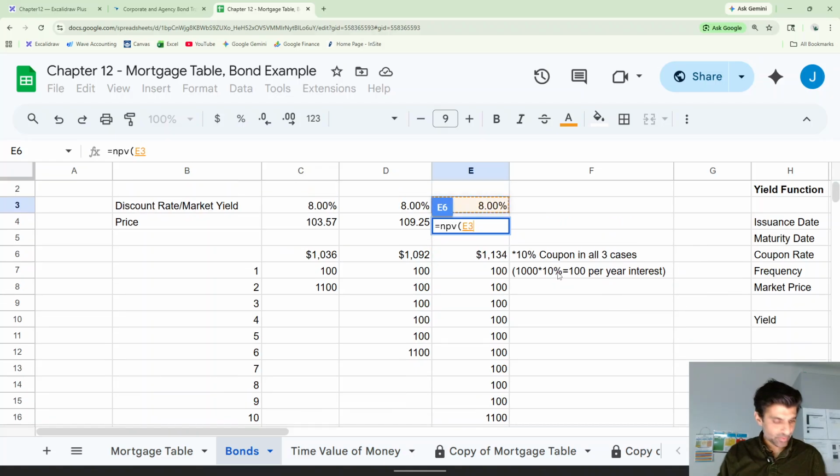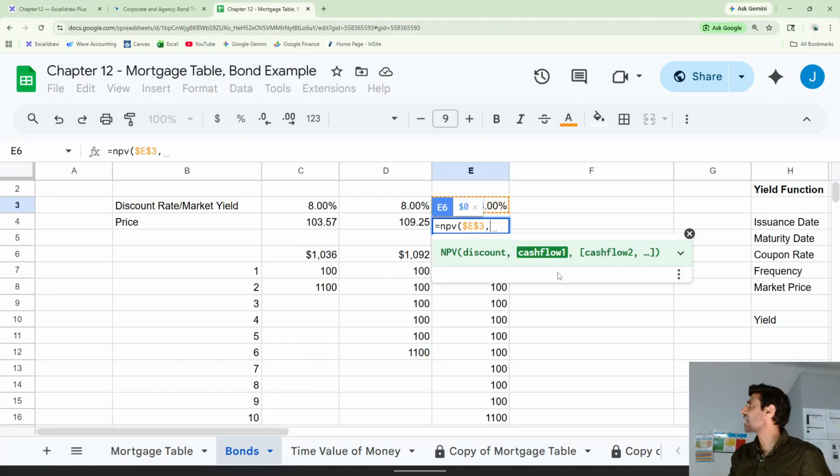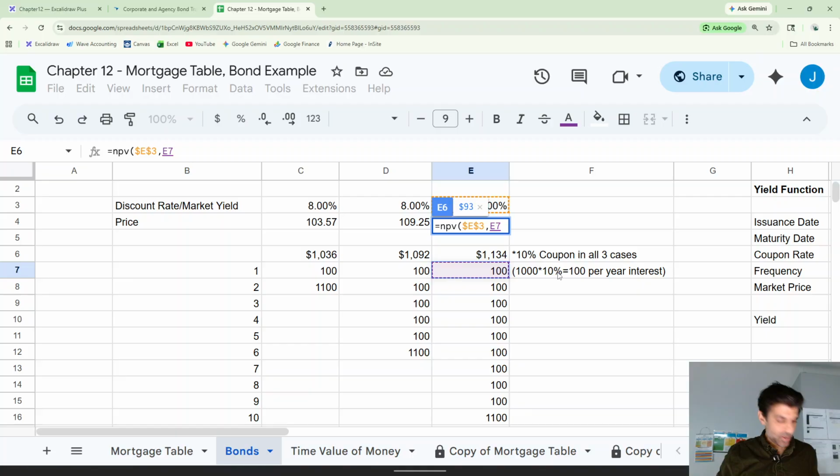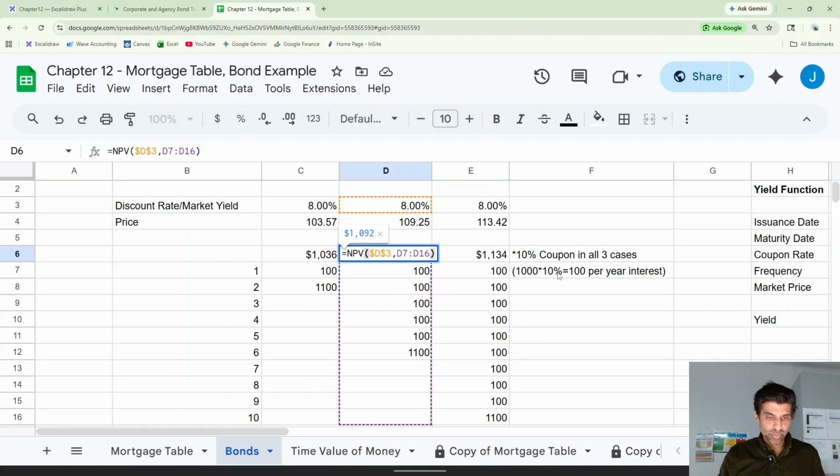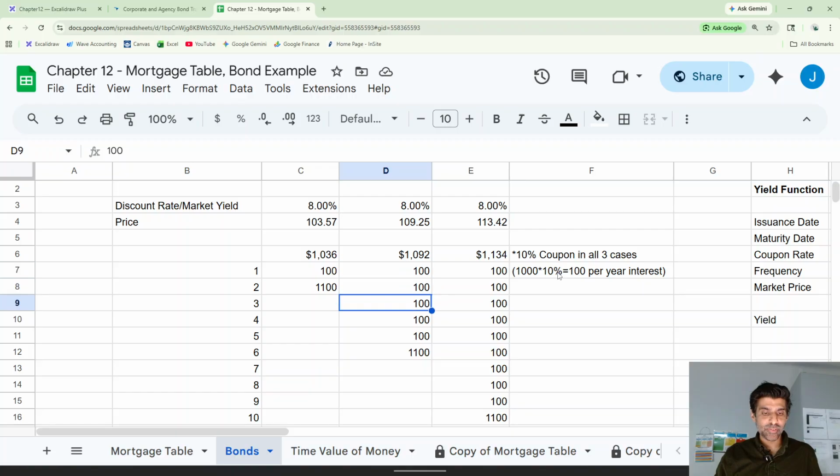So then I just point it to this. And then the next one are all the cash flows. So then I just go like this and I hold shift and just highlight all of them, until the last cash flow. You could do it for this one going all the way to the bottom, but the last cash flow is here.